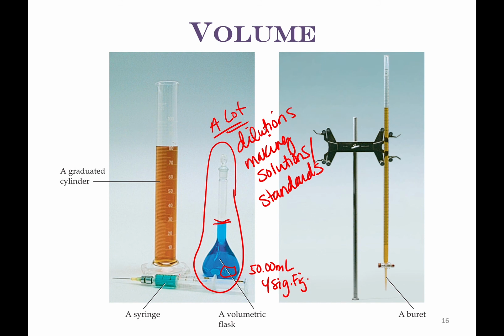A syringe, depending on how it's graduated, would give us 3 to 4 significant figures. A graduated cylinder like this one, the graduations go in ones. So if it's graduated to ones, we estimate to the tenths place, so we would get 1 decimal.